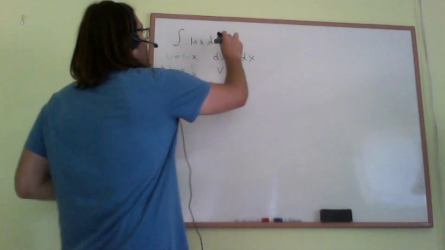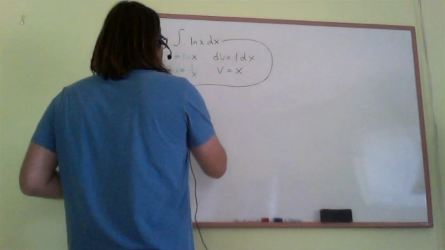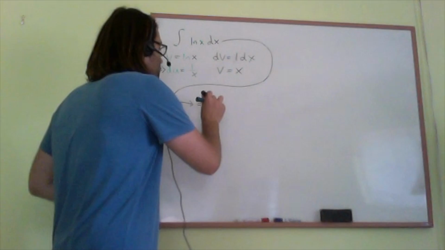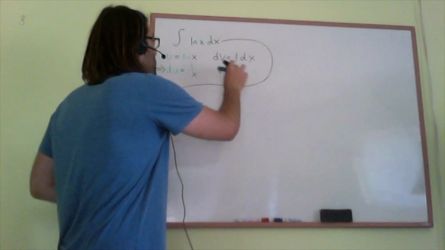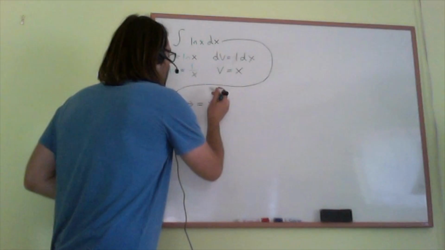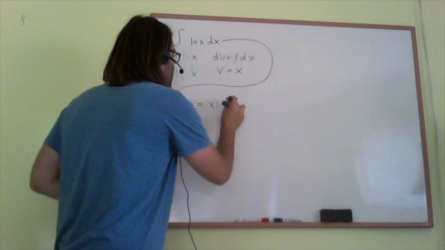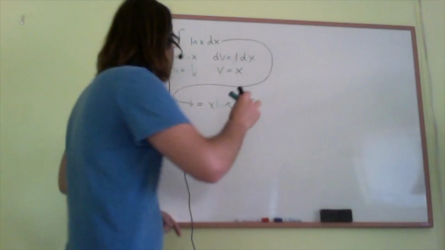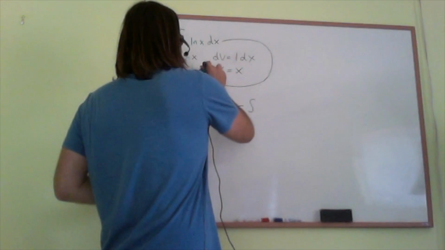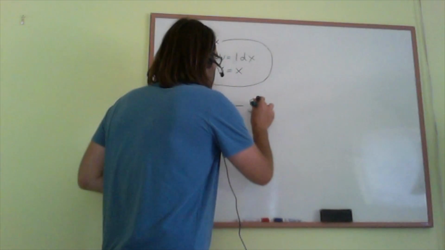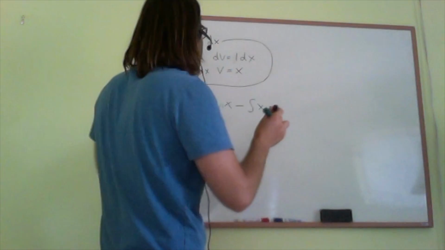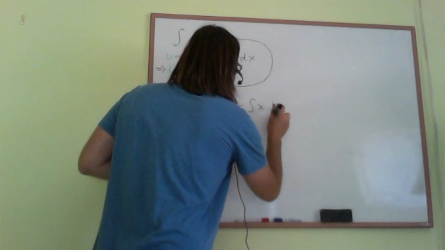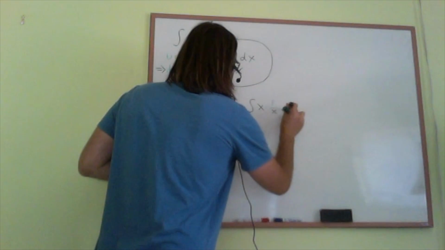Okay, now with this in mind, we can go ahead and use our formula. uv, so that's going to be, I'm going to switch the order, so it's going to be x ln of x minus integral of v, oh, excuse me, there should have been a dx here, v, which is going to be x times du, which is 1 over x dx.